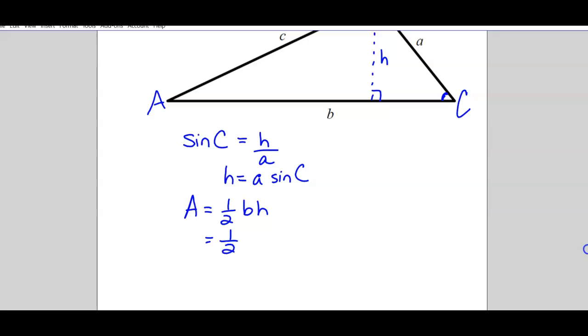But our base of this triangle, I'm using that horizontal base there, which is b. And my height is a sine capital C. Just rearrange, order doesn't matter. So 1/2 ab sine C. Okay, so you can use that in any triangle.